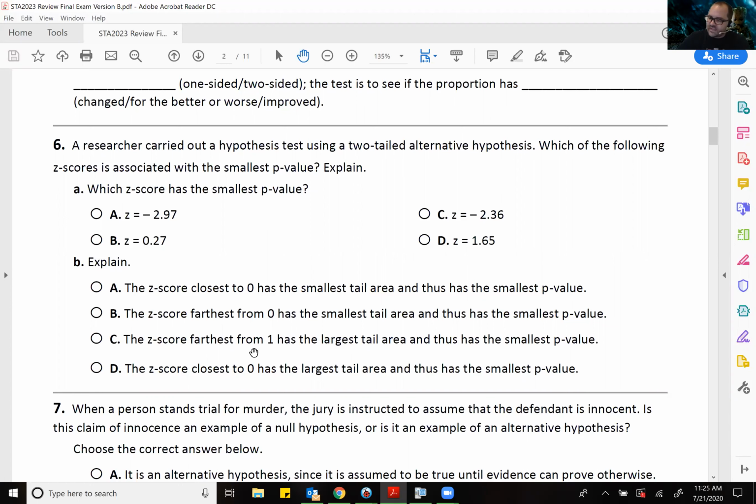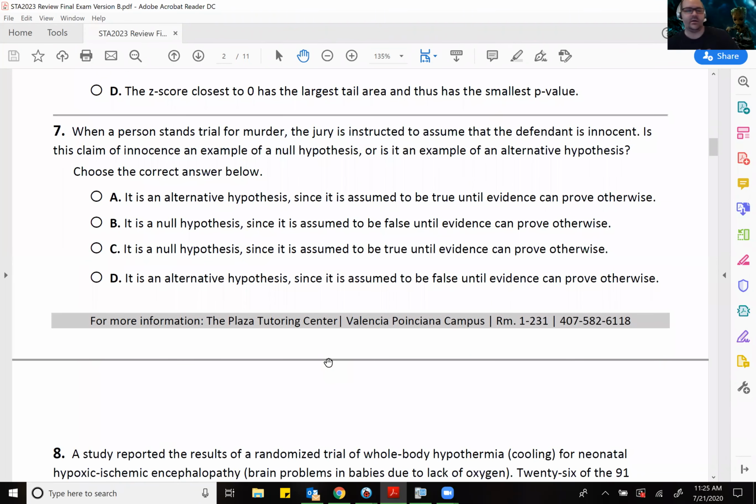All right, number 7. So number 7, again, this is all about null hypothesis and that information. So this was an example that they talked about in the book on how to minimize kind of dealing with that significant level and things like that.